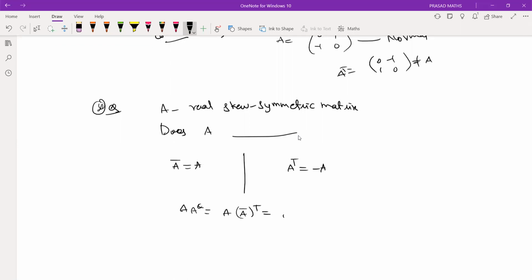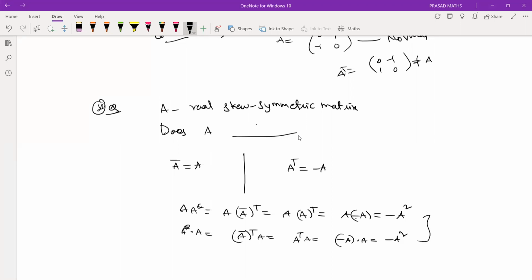A bar is A, so this is A into A transpose, and A transpose is minus A. A into minus A is minus A square. Similarly, compute A theta into A. That is A bar whole transpose into A. A bar is A, so it is A transpose into A. But A transpose is minus A, so that is minus A square. Both are the same. Therefore, it is normal.